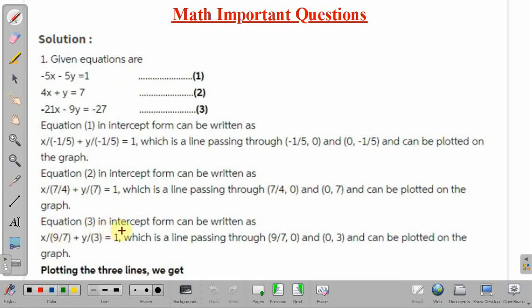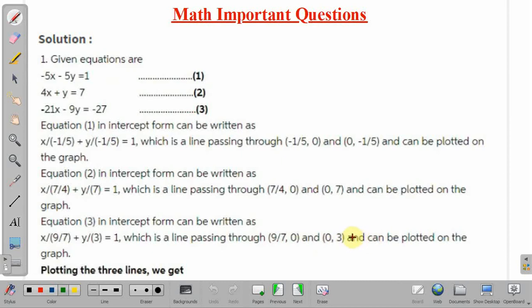Similarly, equation 3 when written in the intercept form will be x divided by 9 by 7 plus y by 3 equal to 1, and it will be a line passing through 9 by 7, 0 and 0 comma 3, and can be plotted on the graph.